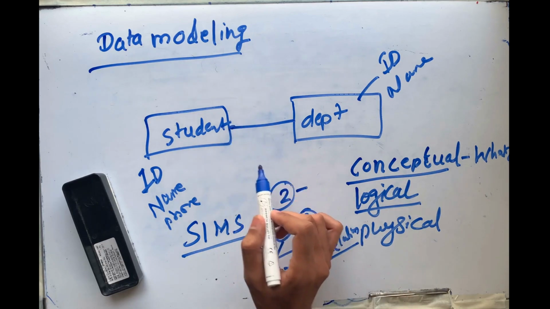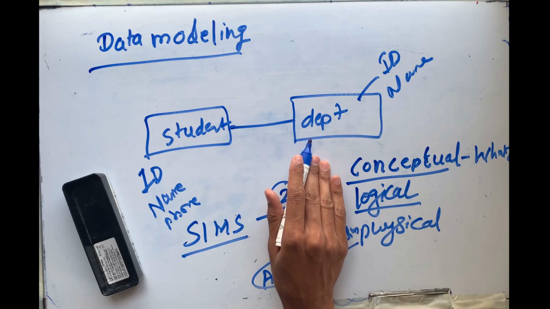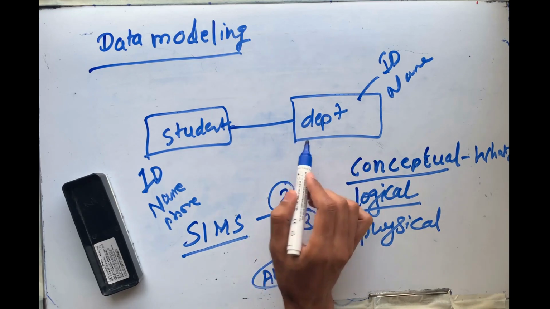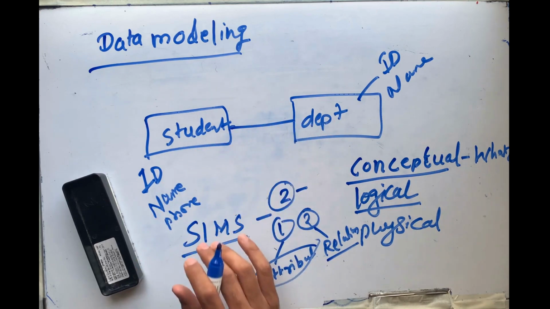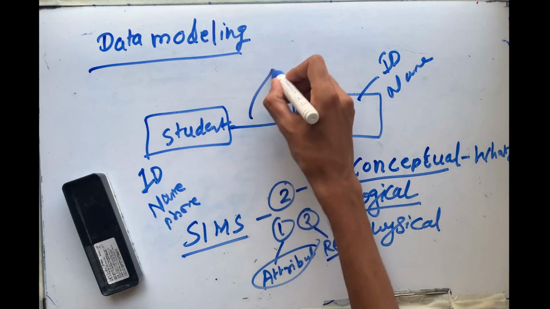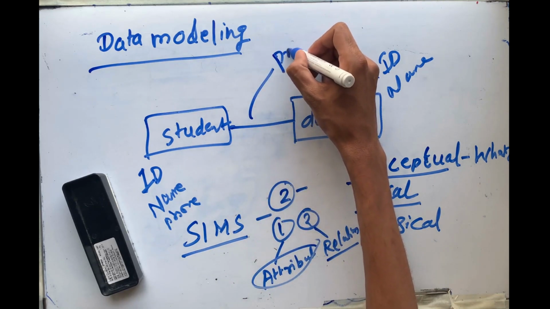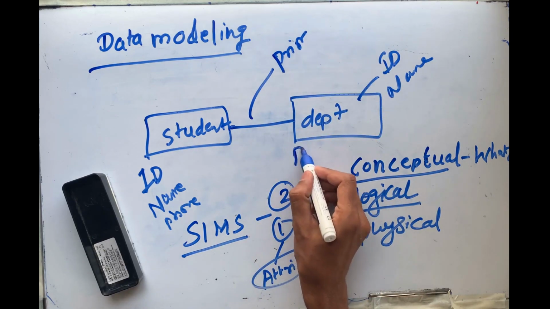And the second thing, relation, means one student has one department, but one department has multiple students. So we have to identify the relationship between them, and based on that we have to create the relation, like the primary key or foreign key relationship between them.